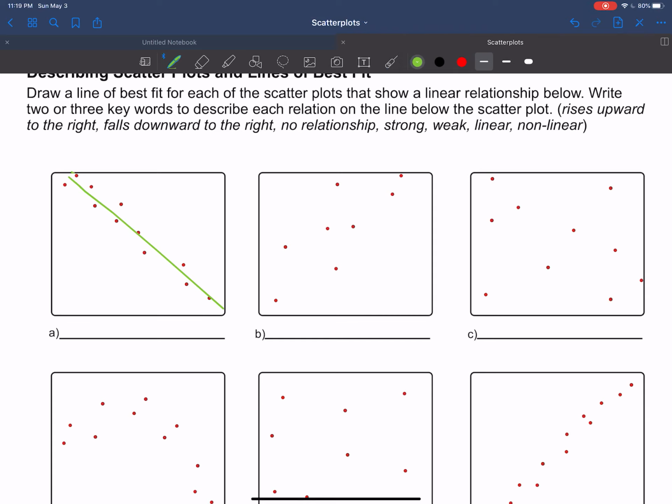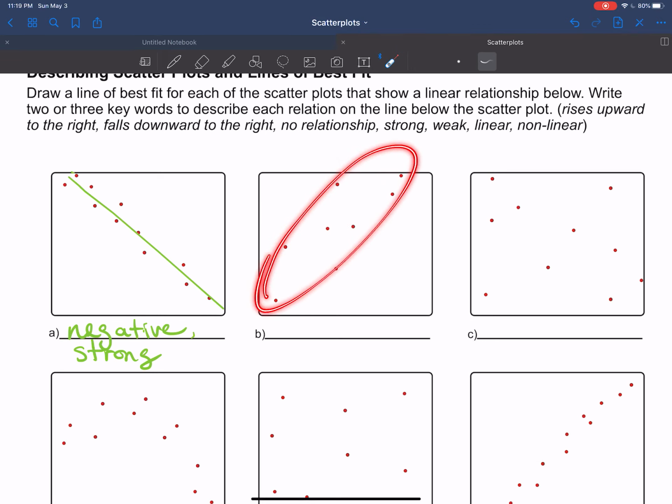So here we could say that this is a negative and strong correlation. Now the next panel here, it's not a great correlation because it's kind of wide apart, but I could see that it's still going in that direction.